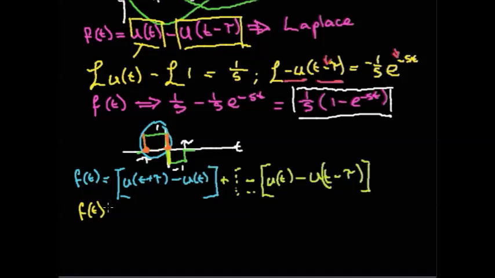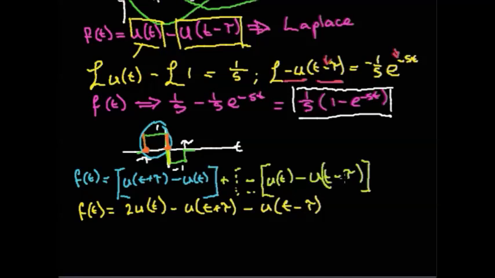So f of t equals, once I gather up all of the terms, I get 2 u of t minus u of t plus tau minus u of t minus tau.